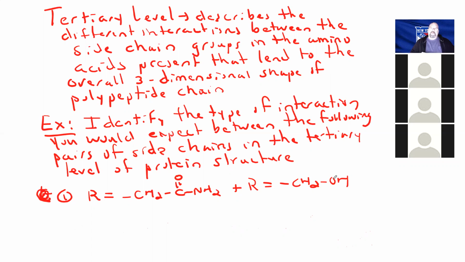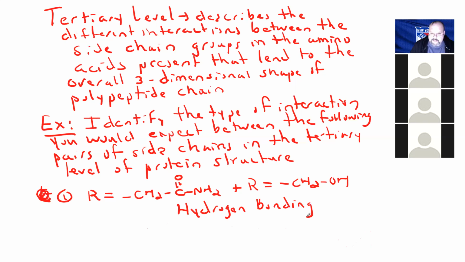And then we talked about hydrogen bonding, which we know is the attraction between a polarized hydrogen atom in one molecule and a polarized oxygen, nitrogen, or fluorine atom in another molecule. And what you would definitely expect between these two side chains is hydrogen bonding.